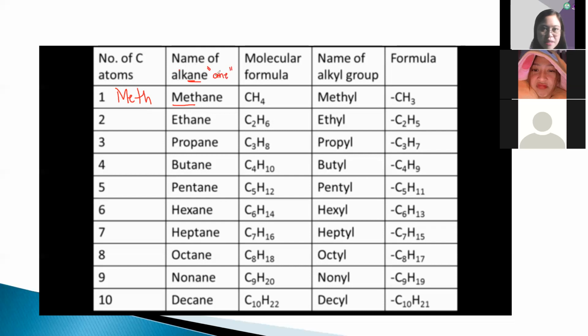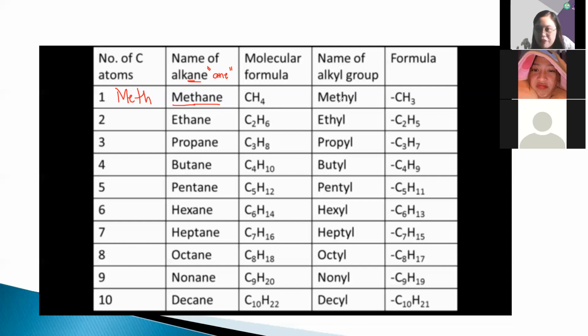So the prefix plus the suffix, meth plus ane, we call it methane. But if we make the molecular formula and even the structural formula of methane, we will see that it contains 1 carbon and 4 hydrogen. So pag nakita niyo CH4, automatically we call it methane.